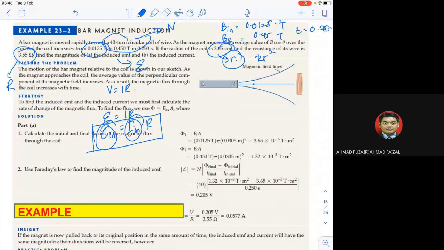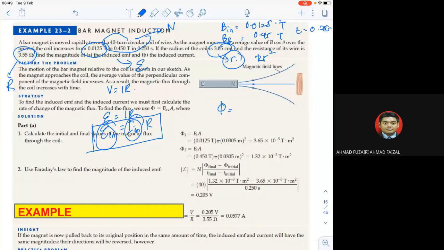So when you calculate part A, the induced EMF, and then divide it by the resistance R, you have the induced current in part B. Simple. Now let's look at what we should do to calculate the induced EMF. First of all, you need to calculate the phi, or magnetic flux. Magnetic flux is, here, B1 or B initial, 0.0125, times the area.